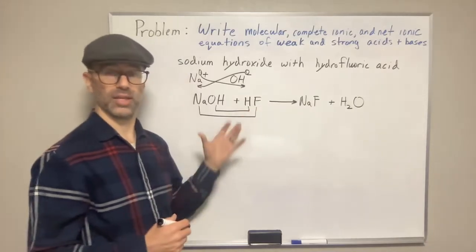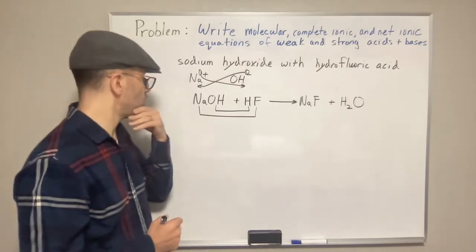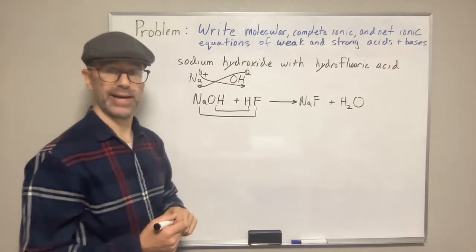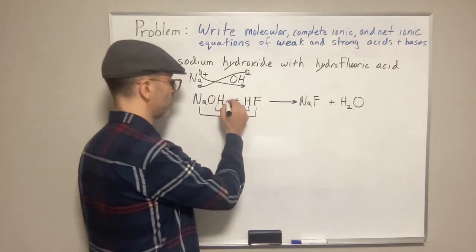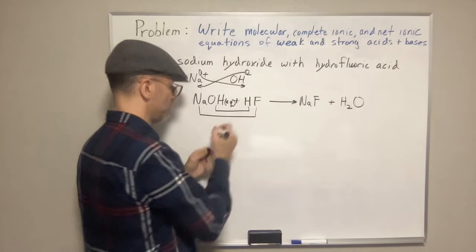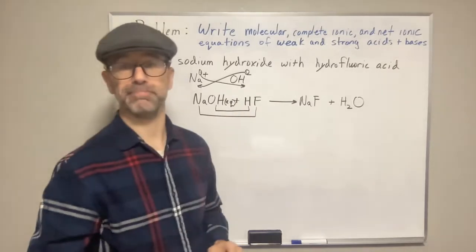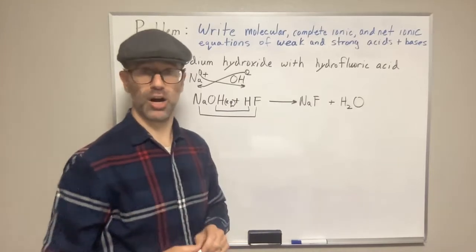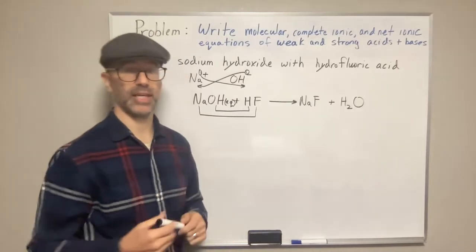What about the states of matter? Your acid and base are normally going to be aqueous. We know that this is aqueous because you can look at your solubility chart, your solubility rules. I'm sure your teacher gave you a chart, or you can easily look it up on the internet.